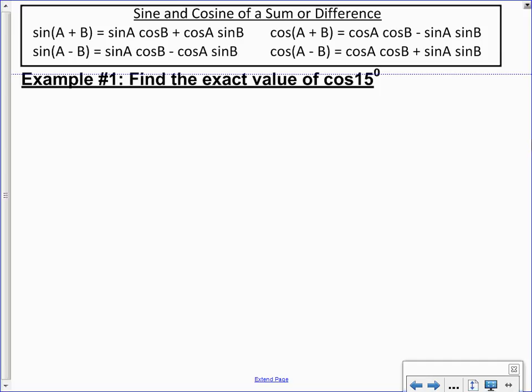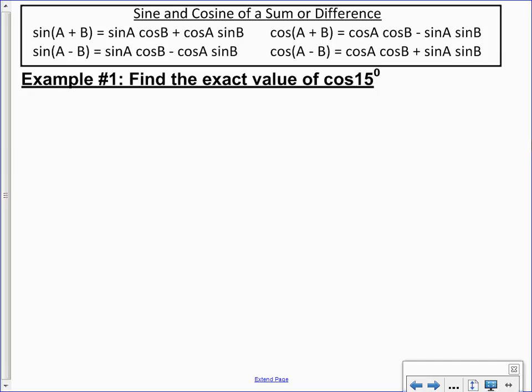Here's how this works. The cosine of 15 degrees is not on your unit circle. But you can manipulate the angles on your unit circle to get to 15. How do you get 15? 45 minus 30.